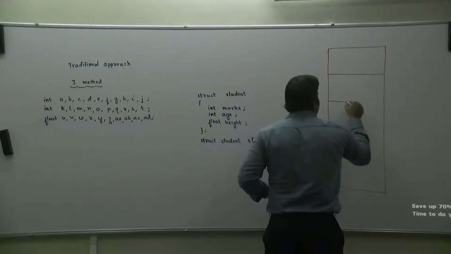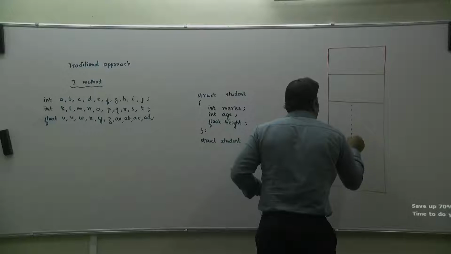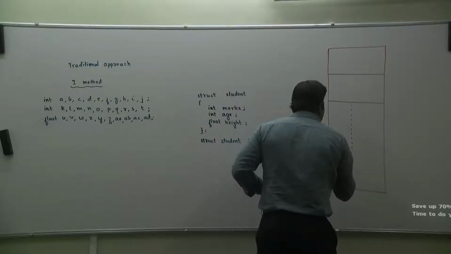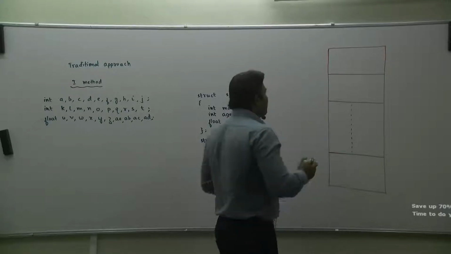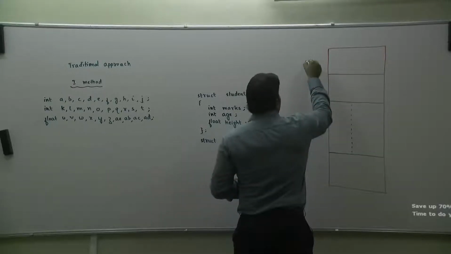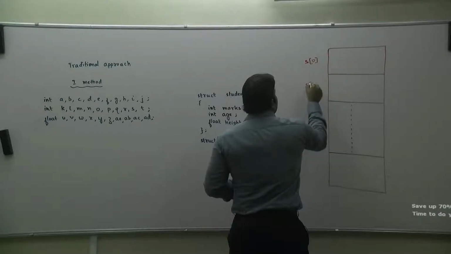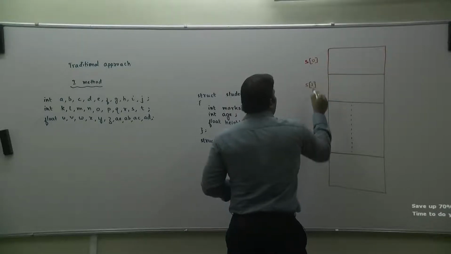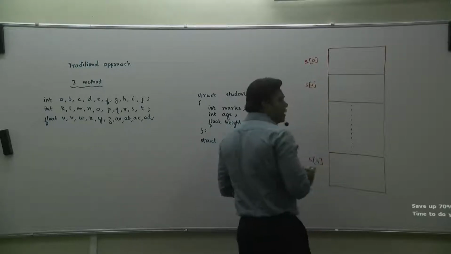This is the second block. Like that, numerous blocks would be there, and this is the last block. Technically speaking, I would call this S of 0, this S of 1, and like that, the last would be called S of 9.